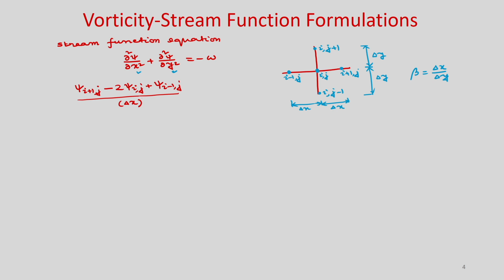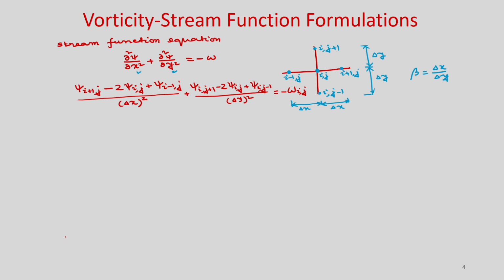This approximation is second order accurate. Similarly for del 2 psi by del y square, psi I j plus 1 minus 2 psi I j plus psi I j minus 1 divided by delta y square, is equal to minus omega ij.